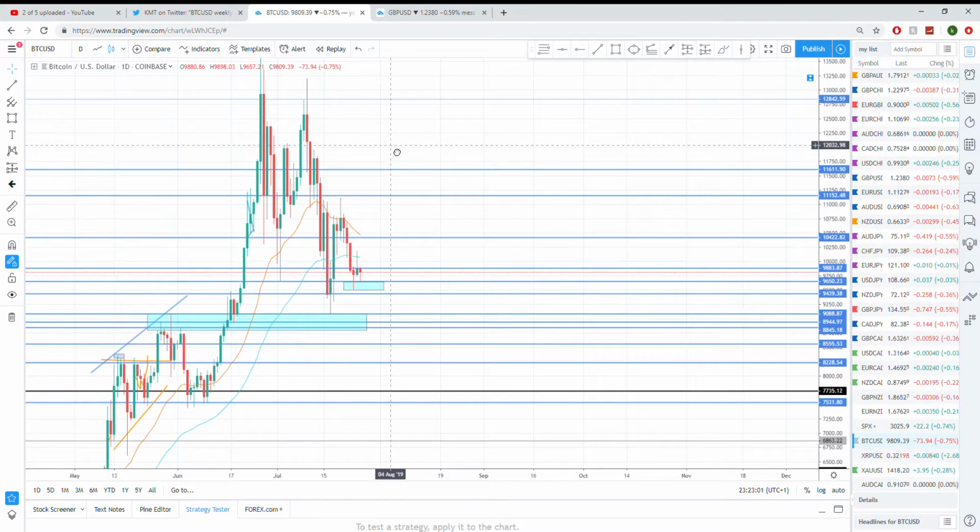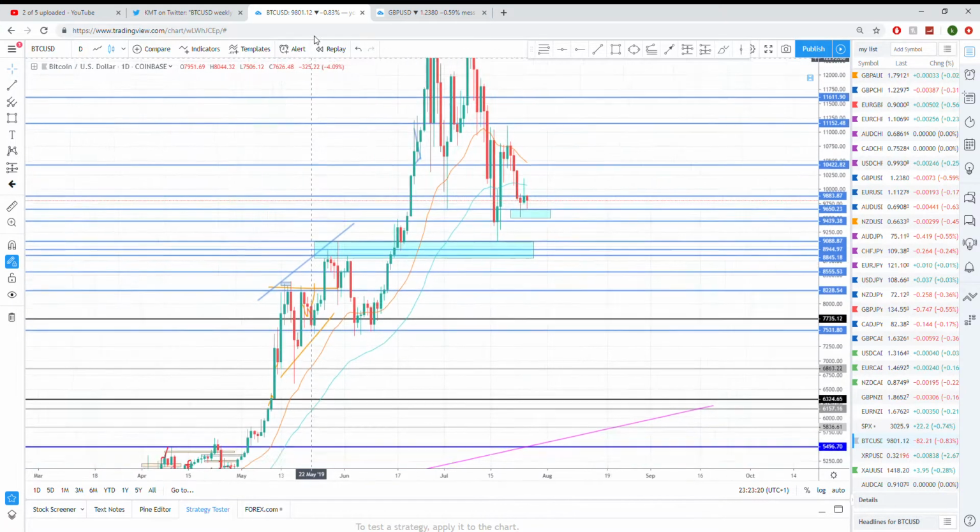What I'm seeing here is a clear rejection from our key level at 9883 with that huge pin bar up and with that rejection from the EMA. It's quite clear that we're in a bearish momentum now.